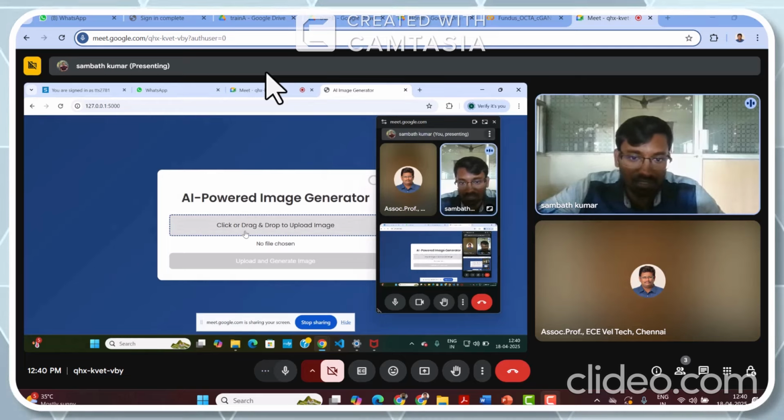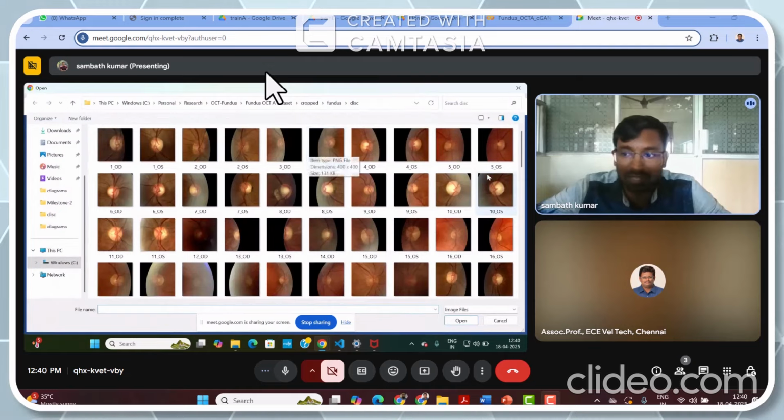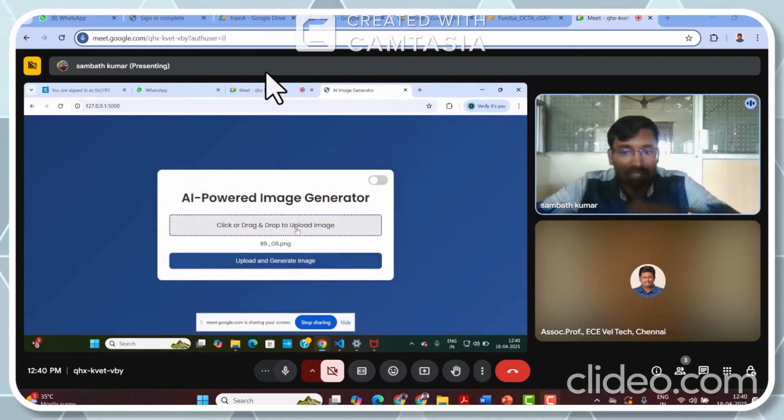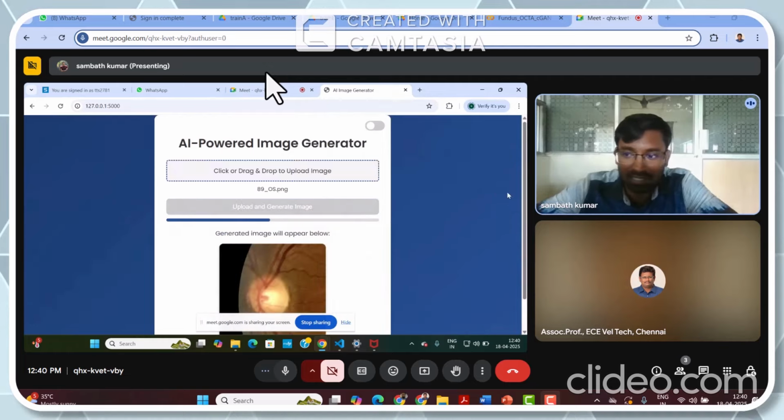Here you see, click or drag and drop to upload one image, namely a fundus image. I'm going to upload one fundus image. I've already uploaded it. After that we need to generate the corresponding OCTA image, so I'm going to click upload and generate.